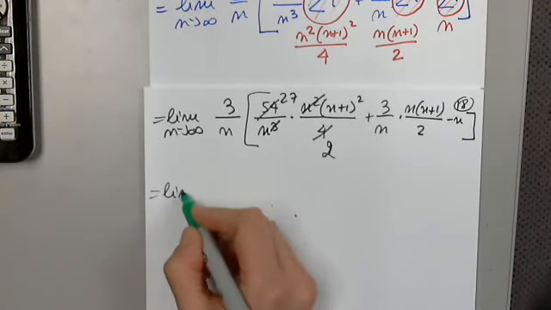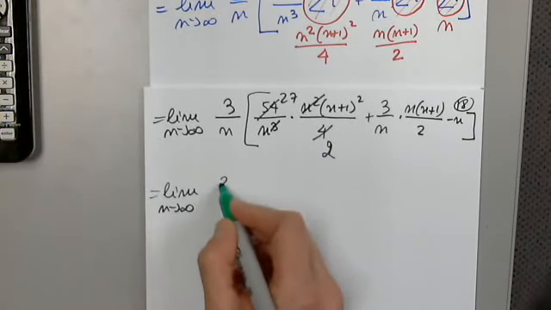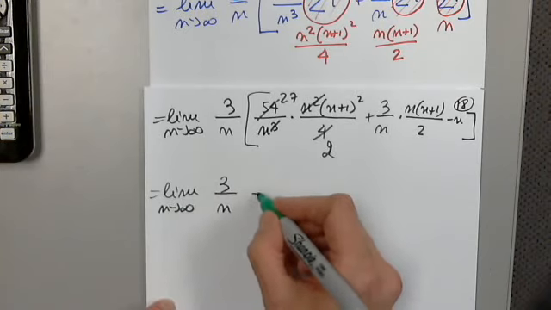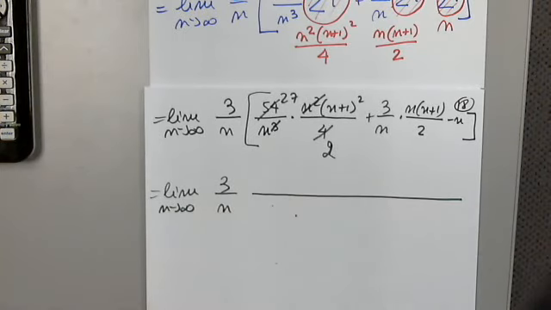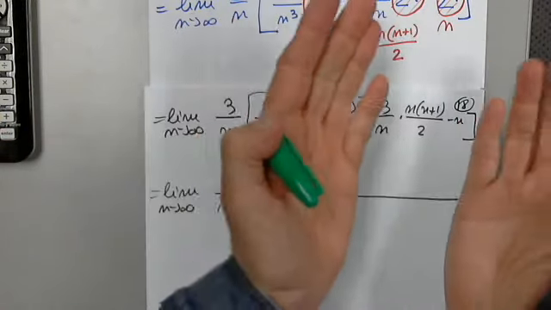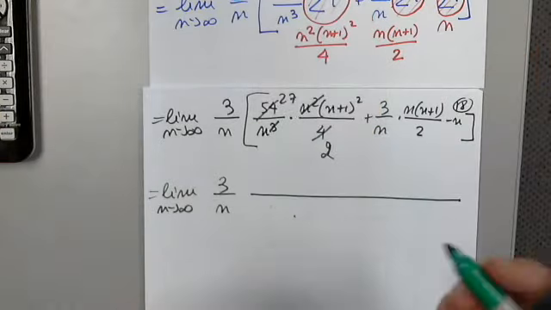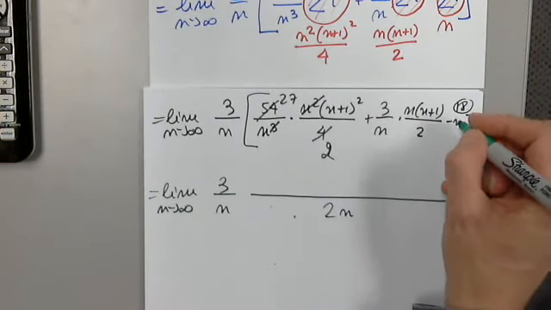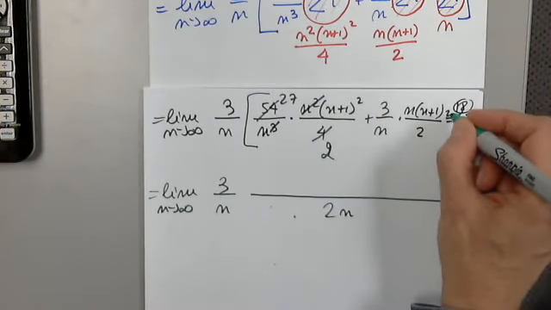So then limit, n approaches infinity, 3 over n. What is the least common denominator? Of the first fraction it is 2n. Of the second fraction, it happens to be 2n, 2. And then I will multiply this n by 2n.